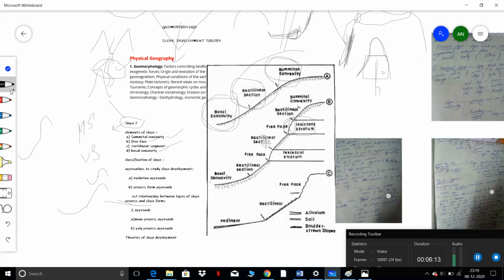This is not important, let's not take it. I'm just telling what types of slopes we can have, because in later sections, when we discuss the various types of slopes, this is important: how convex slopes are there, how concave slopes are there, and so on.